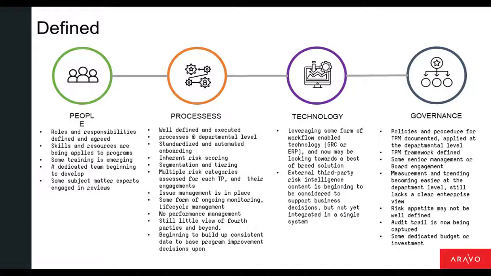Organizations at this stage are also typically being supported by some kind of workflow enablement technology. This could be GRC systems, sometimes ERP systems, or best-of-breed third-party risk management specialist solutions.